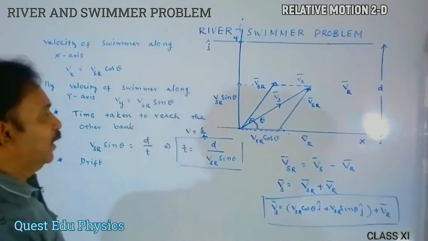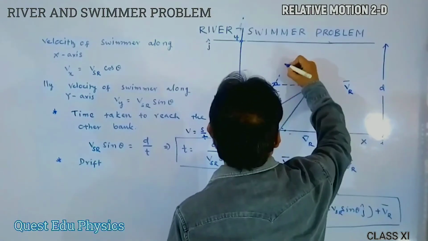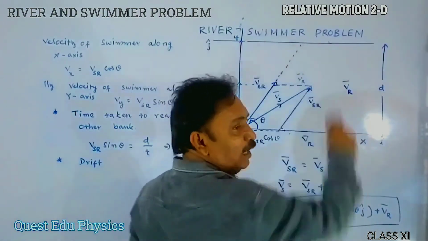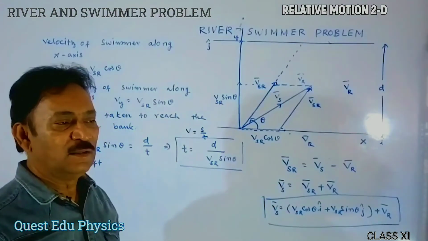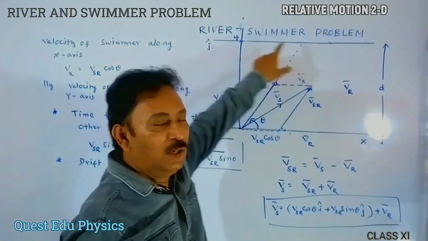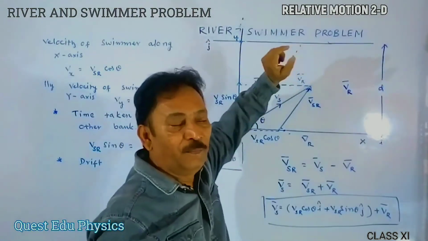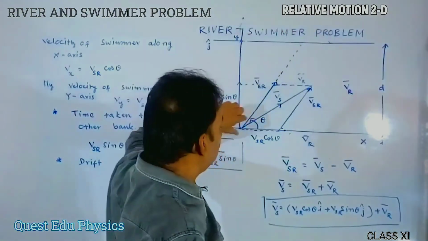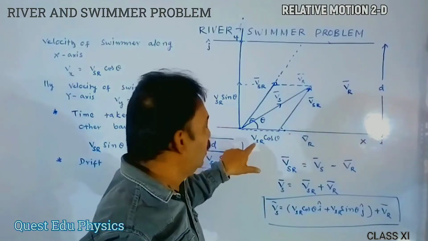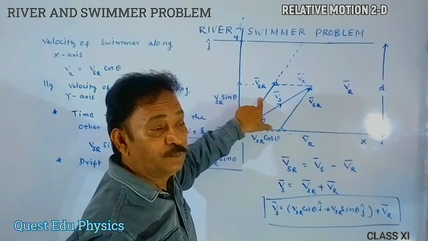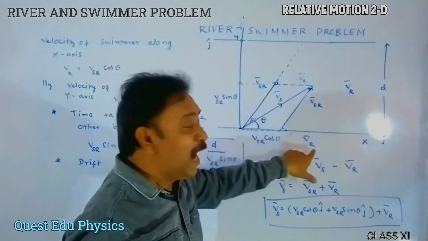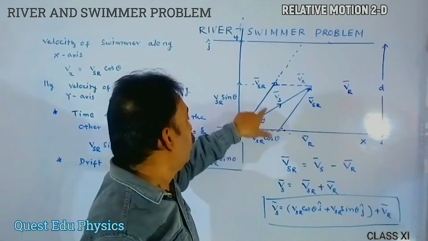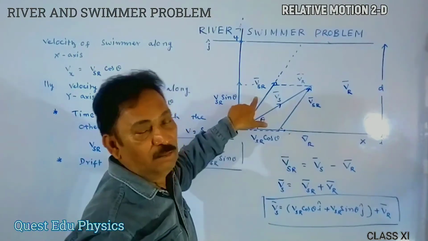Okay, students? Here actually he is swimming along, and maybe he will reach another position of the river, not exactly opposite but somewhere. That distance is known as the drift. The distance, and this distance is along horizontal. That means we have to take the velocity of the swimmer along the horizontal, added with the velocity of the river. When he is swimming, not only does he swim, he also experiences the velocity of the river on him.